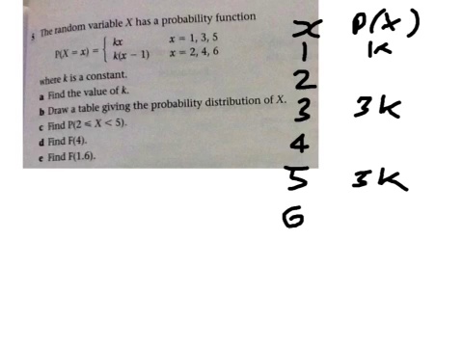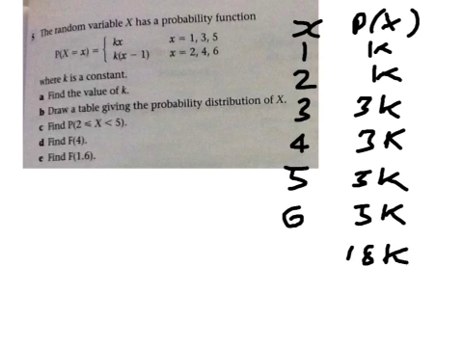For 4 it will be 4 minus 1, which is 3, so 3k. And for 6 it will be 6 minus 1, giving me 5k. So altogether we've got 9k, 6k and 2k... which is 18k. Now the probabilities must come to 1, so k then equals 1/18.